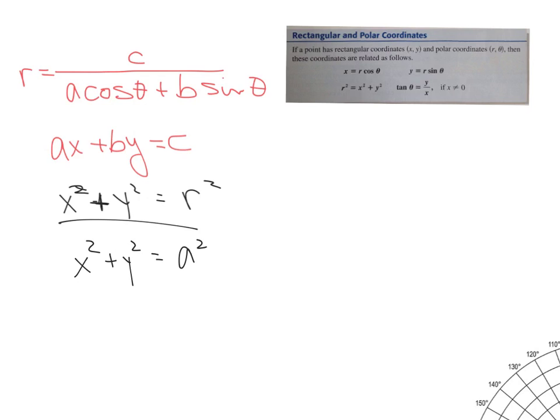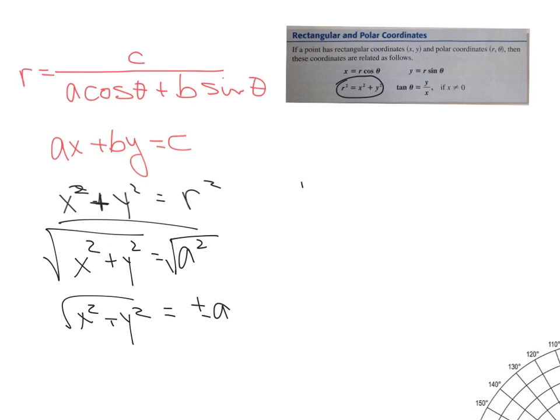So what happens here? What happens if I take the square root of both sides? I get the square root of x squared plus y squared equals plus or minus a, right? Well, from up here, r squared equals x squared plus y squared.